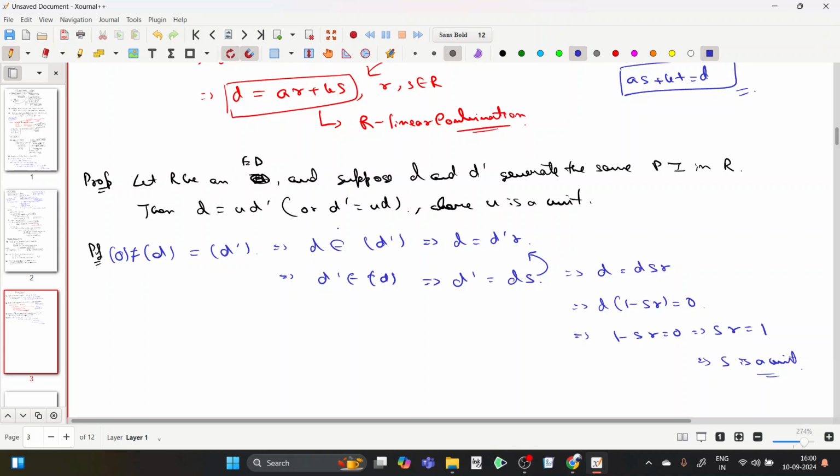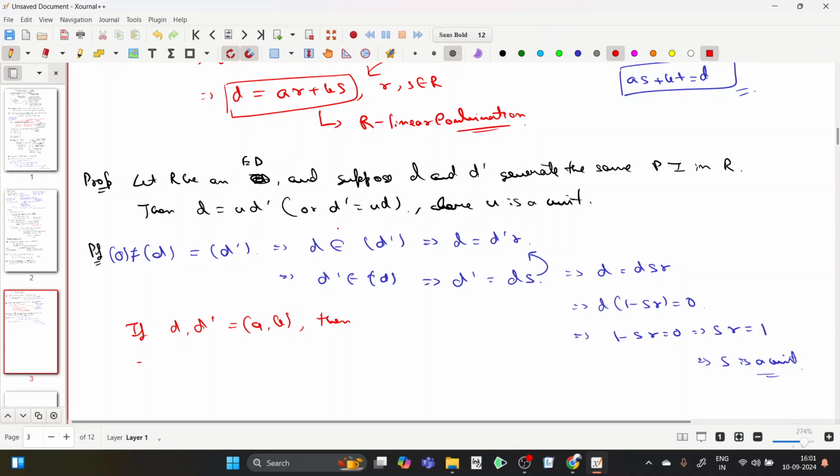Okay. What is the importance of this proposition? As I said, the GCDs are unique up to associates, but I have not mentioned how I can say that. Observe that if D and D dash are both the GCDs of A and B, then this is something we have obviously observed, that the ideal generated by A and B equals the ideal generated by D and D dash, right?